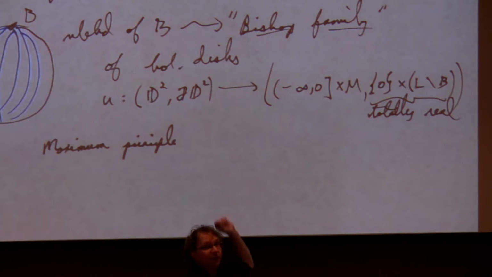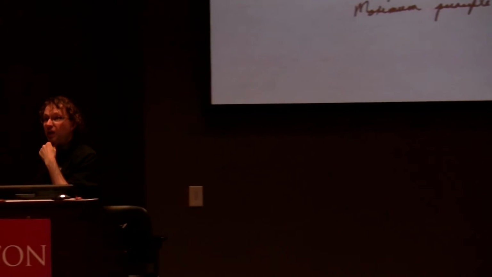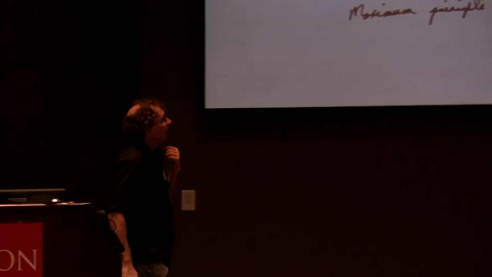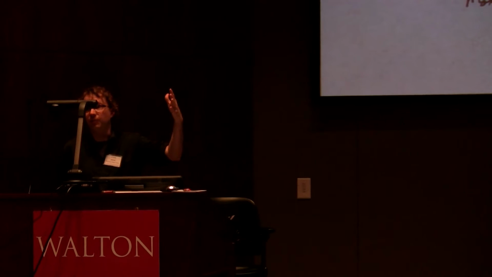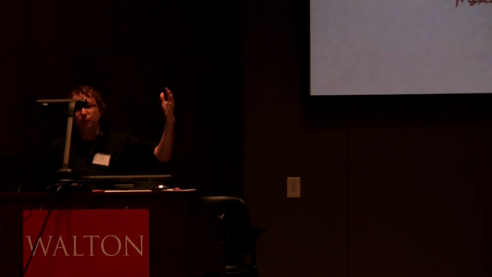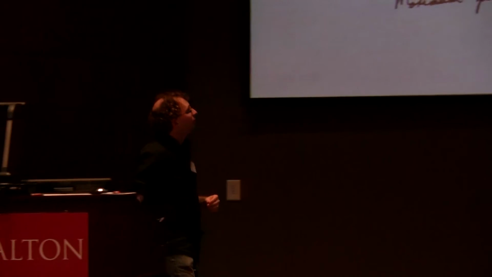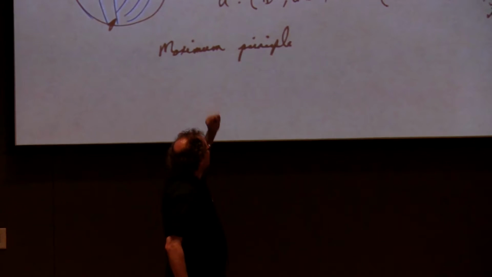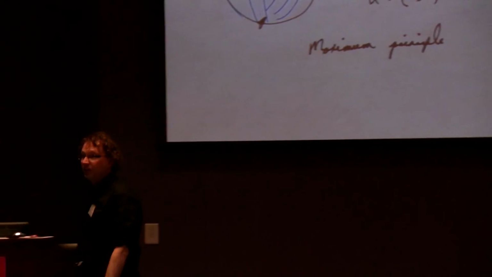The fact that the disk is holomorphic means that's a subharmonic real-valued function. So it cannot have a local maximum. And there's even more to it than that. At the boundary, the normal derivative of that function has to be non-zero. Now, if you look at how J is constructed, that translates into a statement about the restriction of u itself to the boundary, that that map of the circle will be transverse to the contact planes.